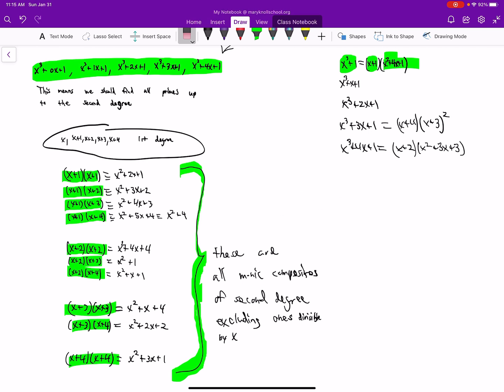As long as it's monic and it's not, obviously, something very simple like x to the 4th plus 0x to the 3rd plus 0x squared plus 0, which I didn't include either, because I know that that's divisible by x. So just all the non-obvious ones.